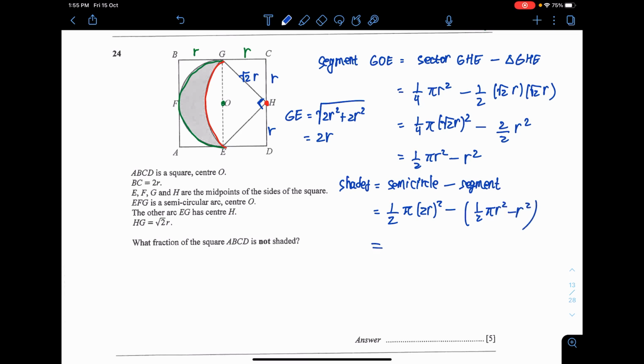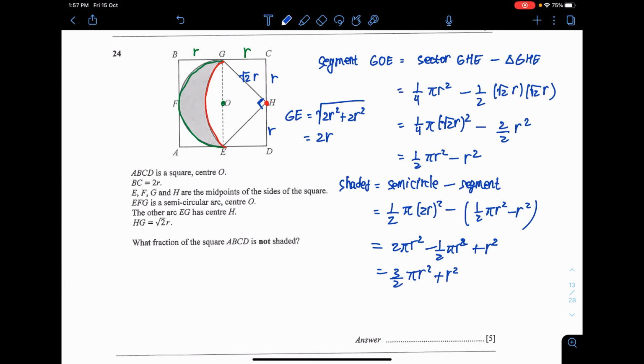Alright, I got 2 pi r square minus half pi r square plus r square. So then I get 3 over 2 pi r square plus r square. Okay, let me check if I actually did anything wrong.